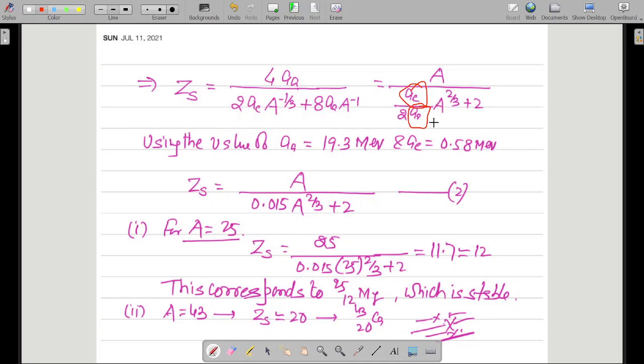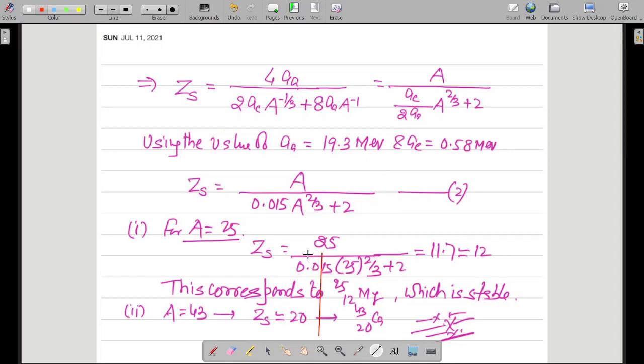We substituted those values over here, so we get the Zs value like this, in terms of A. This is the expression for the atomic number of the most stable isobar in terms of atomic mass number.